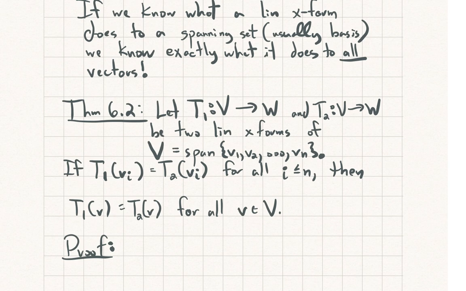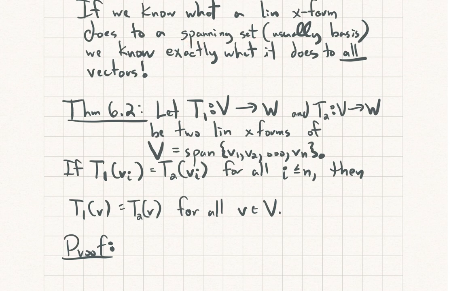And that makes sense, because remember, a basis is a set of vectors where you can uniquely represent all other vectors as a linear combination of those basis vectors. We'll show this result for a spanning set, but usually we'll apply it to a basis, because the spanning sets that we care about the most are bases.